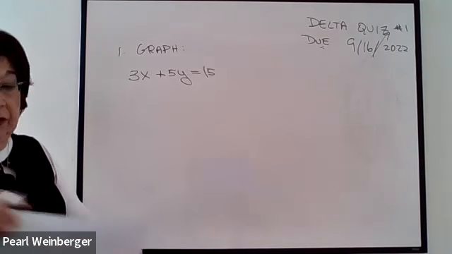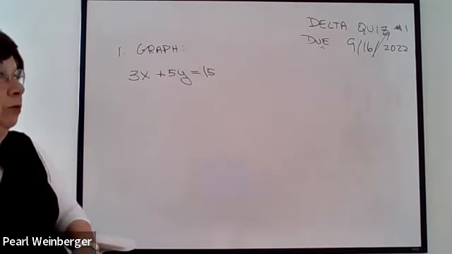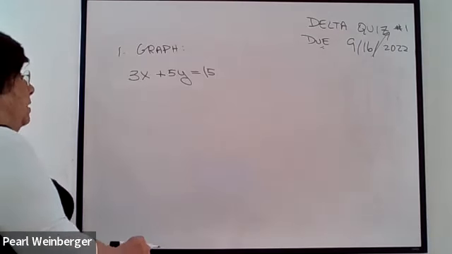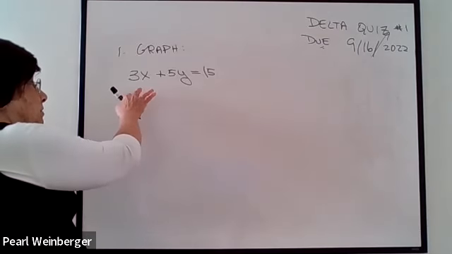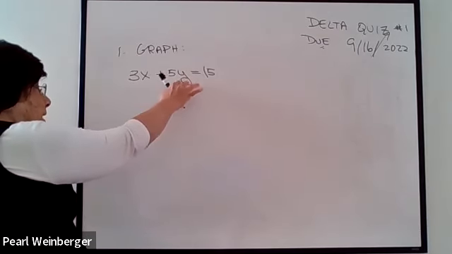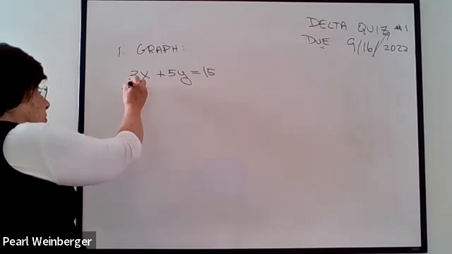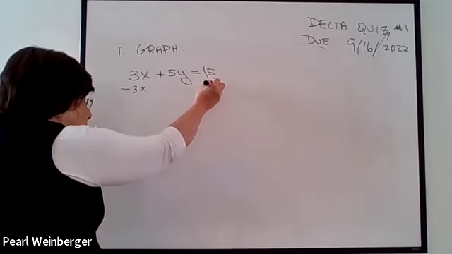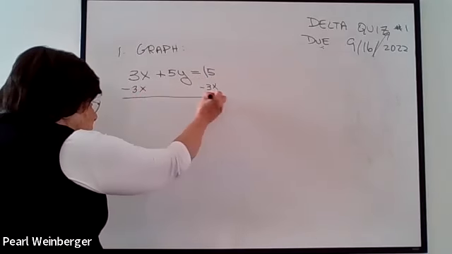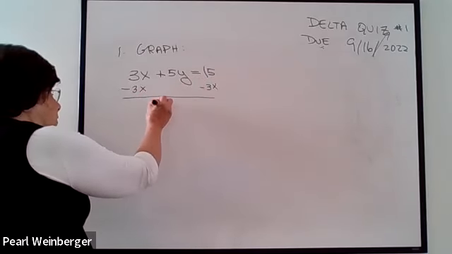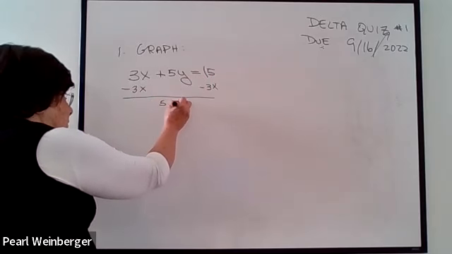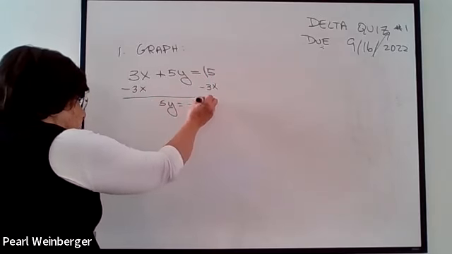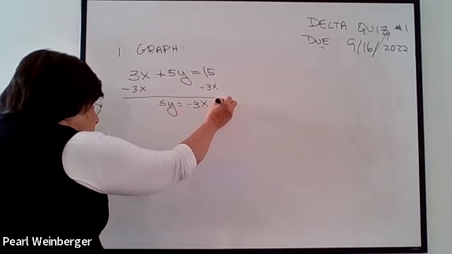I told you I wanted you to do it in the slope intercept format. So we're going to have to solve for y, get the y alone. So let's minus the 3x from both sides first, which will give me 5y equals negative 3x plus 15.